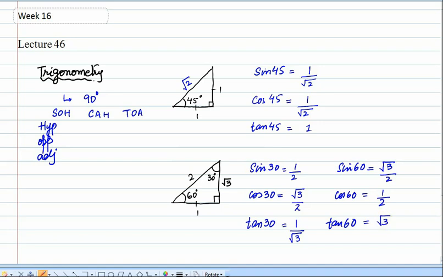So these are the important values of sine, cos and tan at the angles of 45, 30 and 60. These are the basic values of the trigonometric functions that we should know without the help of a calculator. We can find such values just by drawing these two triangles and applying the working formulas of sine, cos and tan.